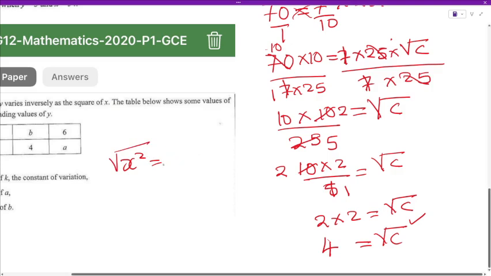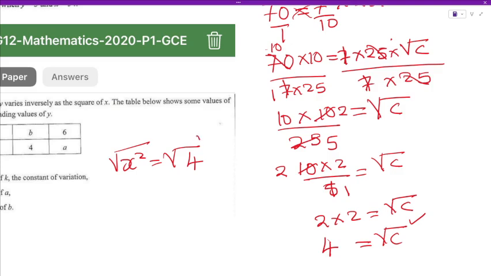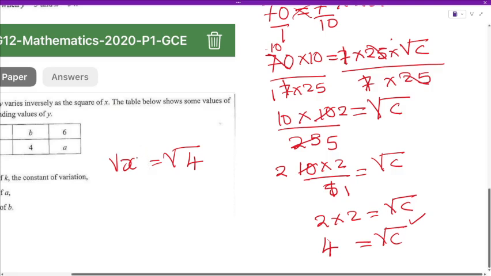Let me write it properly. You square root both sides. So similarly, what you're trying to do is get rid of this square root. When you're trying to get rid of the power 2, you introduce a root. So even when you're trying to get rid of that root, you need to introduce what? What are we supposed to introduce?